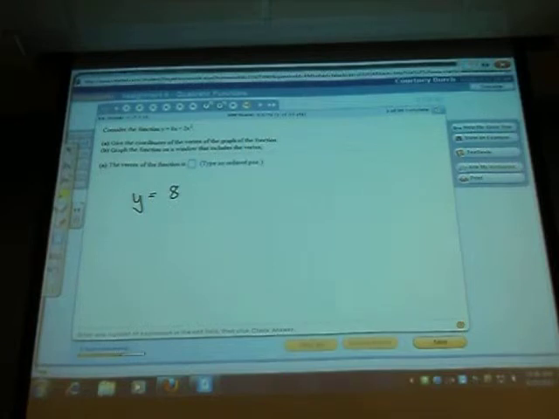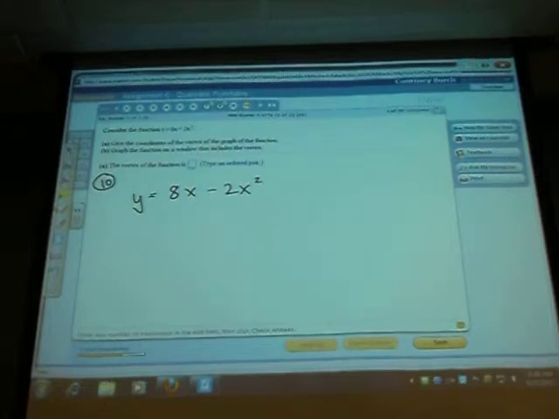Y equals negative. We're just, so y equals. Okay. Now I said this before, but you gotta remember it: A is not the first number. A is the number in front of x squared. So if it helps you, sometimes people will rewrite it in standard form.